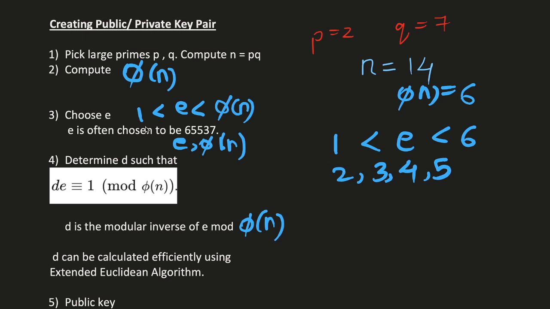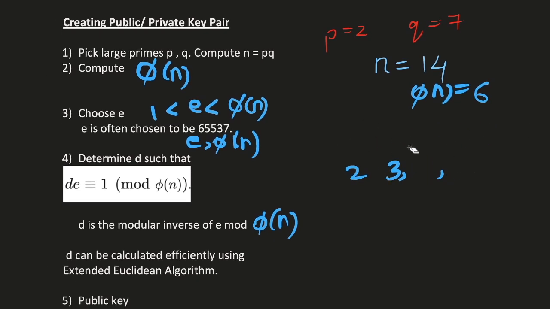And also E and phi of n have to be co-prime. That is, they should not have any common factors other than 1. So that makes me eliminate 2, and 3 also has a common factor with 6, and 4 is also eliminated. So the only choice is 5. That's why we have to pick E as 5, because all the other choices don't meet our criteria. So E is 5.